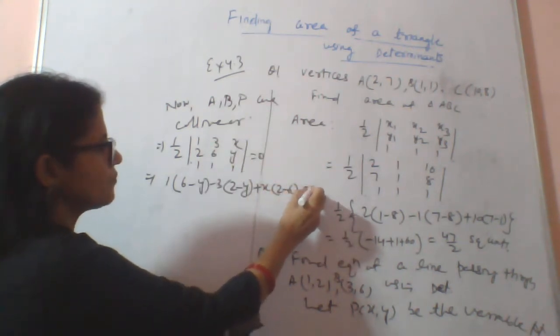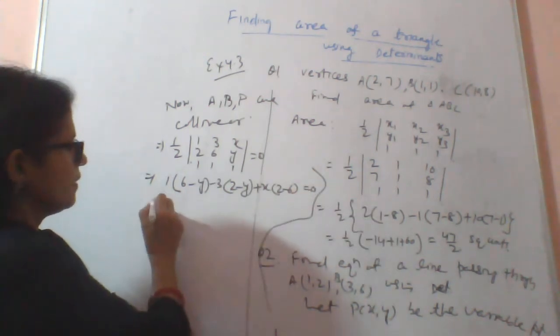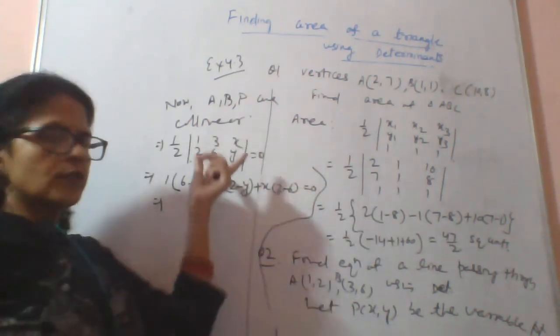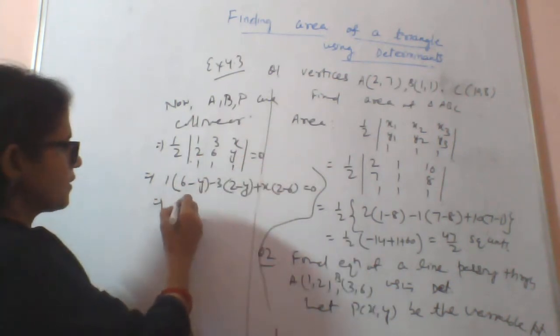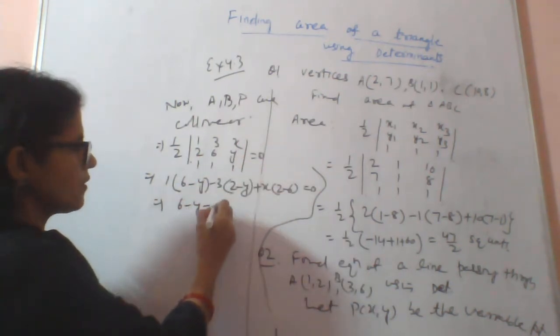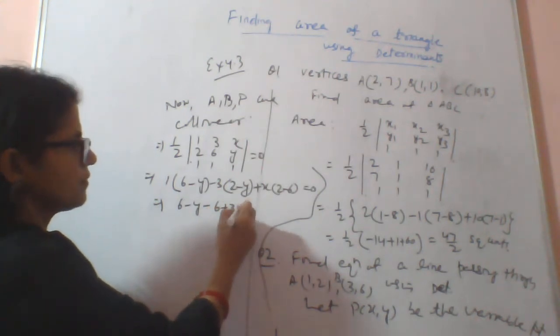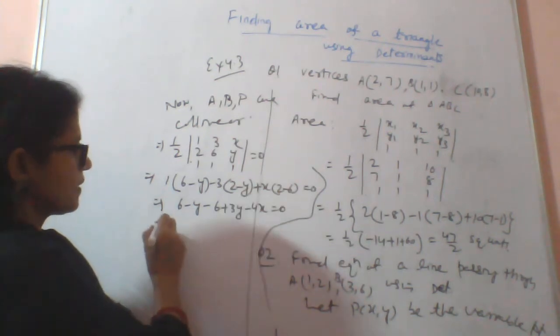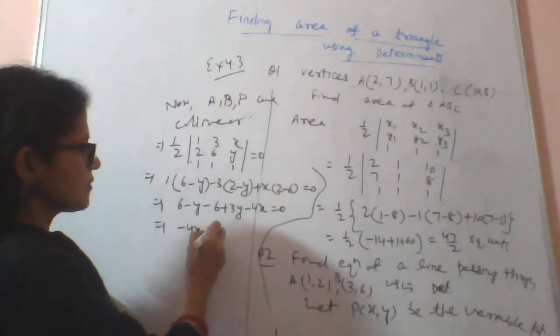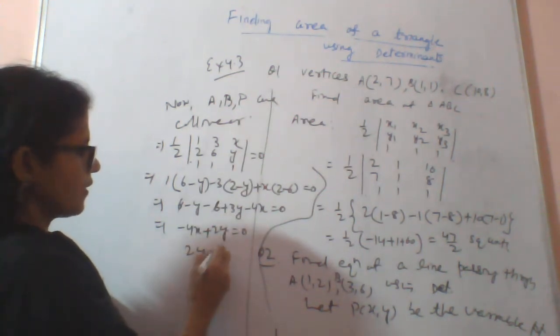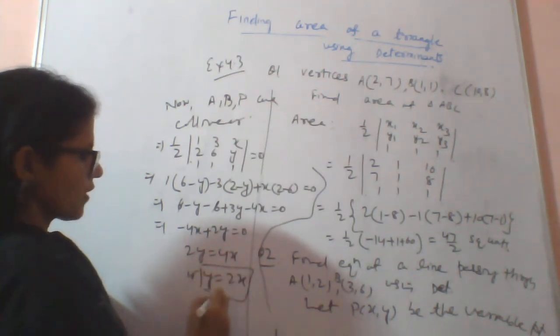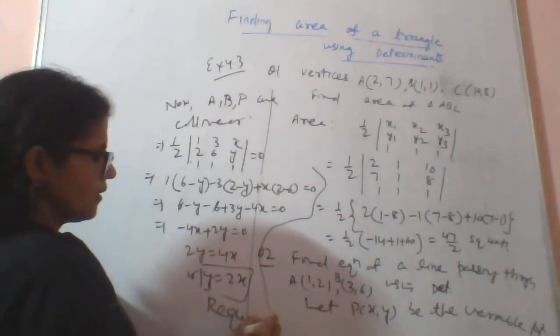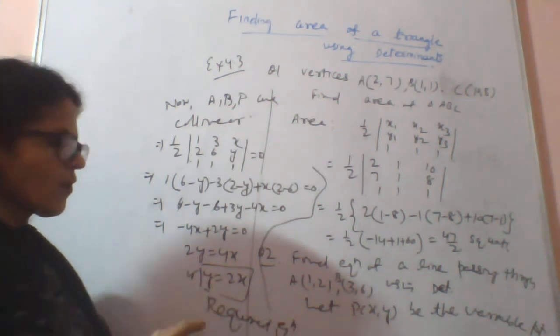Okay, so that is equal to 0. So half of this 0 means the determinant is 0. So you are getting here 6 minus y minus 6 plus 3y minus 4x equals 0. It means minus 4x plus 2y equals 0, 2y equal to 4x, or y equal to 2x. So this is the required equation. Okay, so the required equation is y equal to 2x.